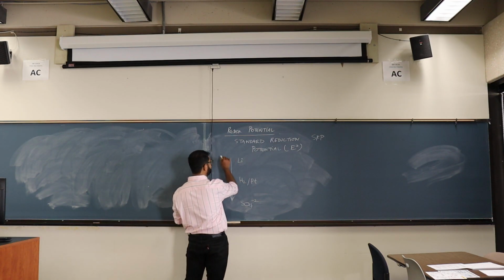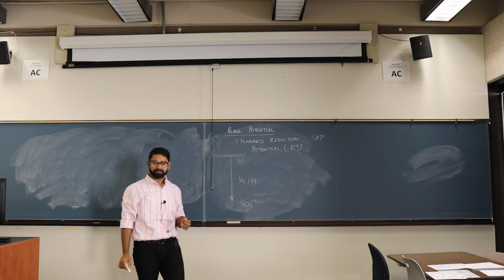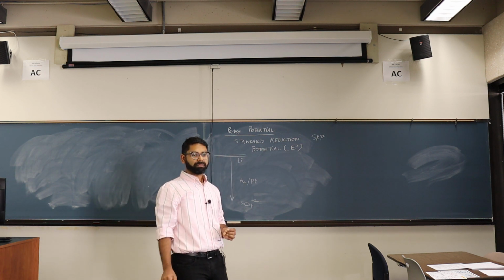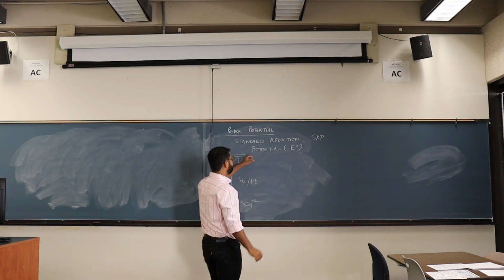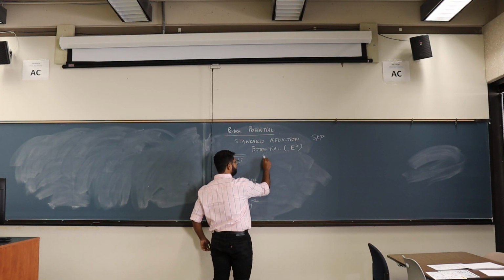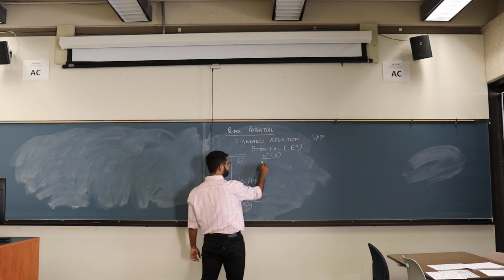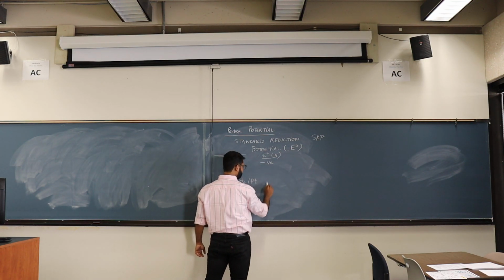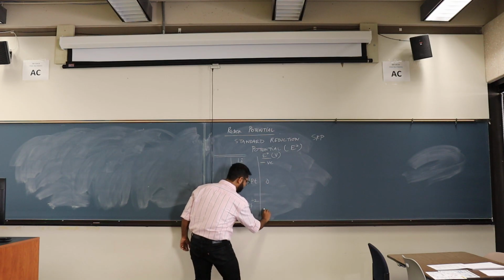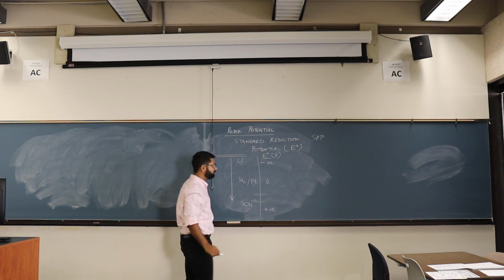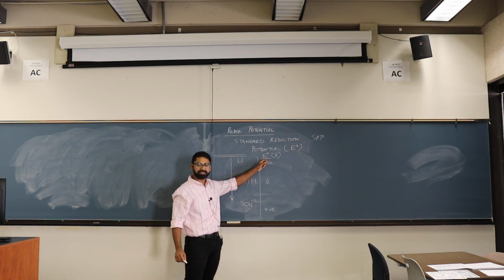So we called them a table. What was this table called? Or what is the standard reduction potential? With this, you would have a voltage associated, and this would have a negative, this would have a 0 voltage, and this would have a positive voltage. The E naught, the standard reduction potential.